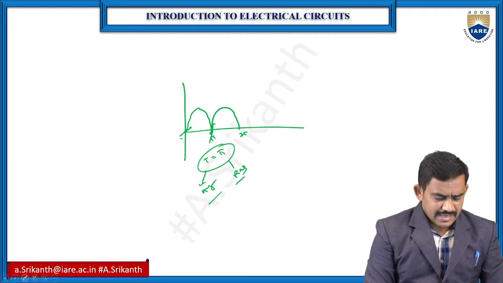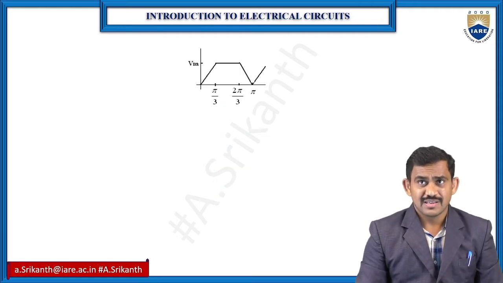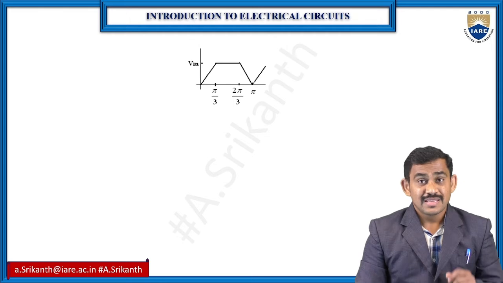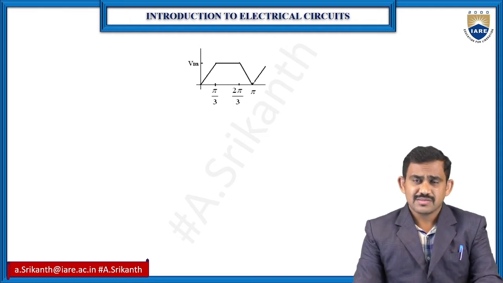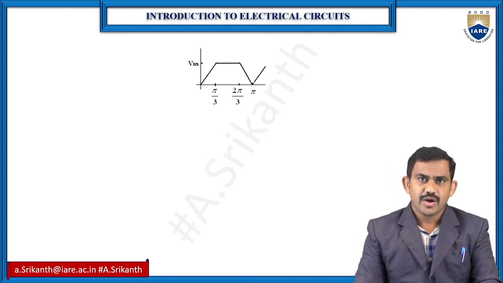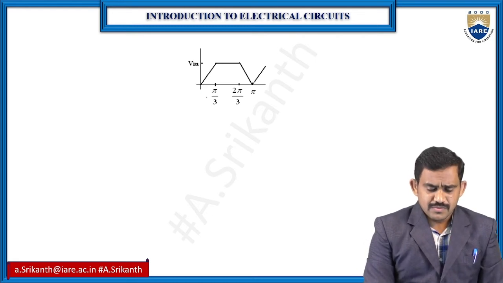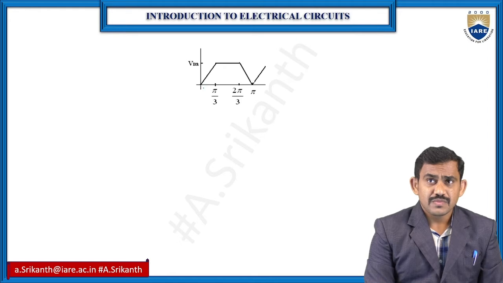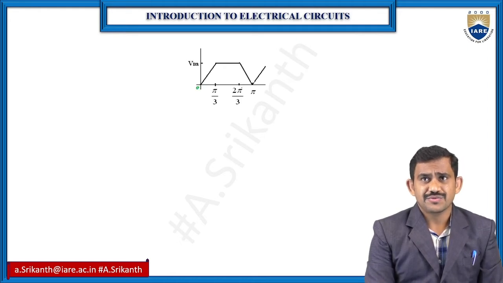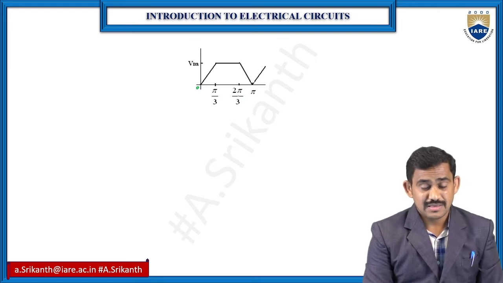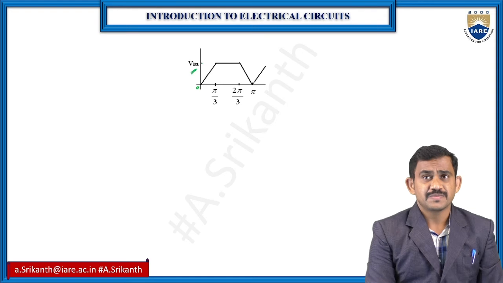Here I have one more complex network. I discussed about the same problem in my previous videos. Here I have a waveform that starts at 0, pi by 3, 2 pi by 3 and pi, some different timings, and the peak is suppose Vm.